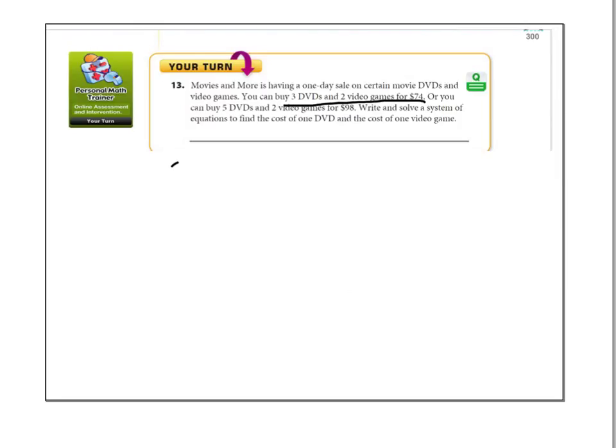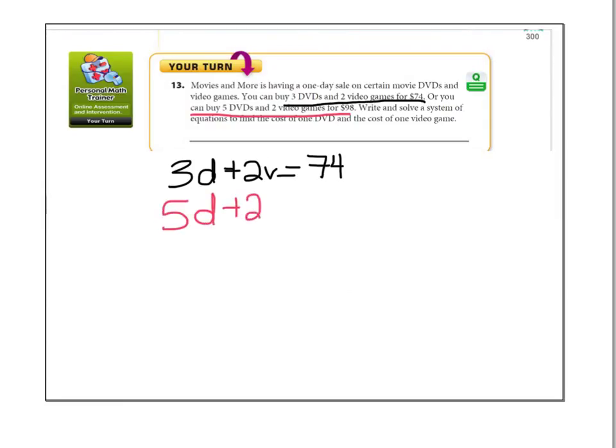So 3D for DVDs plus 2V for video games would equal $74. If you have 2 variables, then that means you have to write 2 equations. So we go to the next sentence, which says we have 5 DVDs and 2 video games, and we would spend $98.